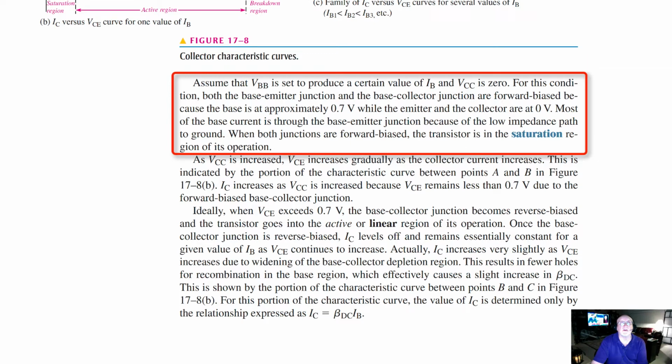Most of the base current is through the base emitter junction because of the low impedance path to ground. When both junctions are forward biased, the transistor is in the saturation region of operation.